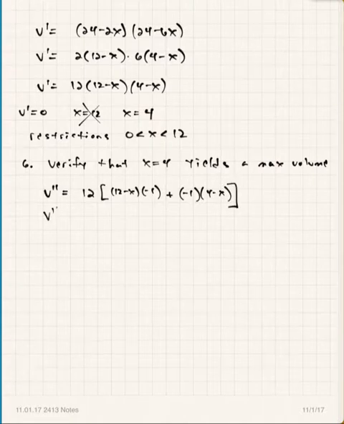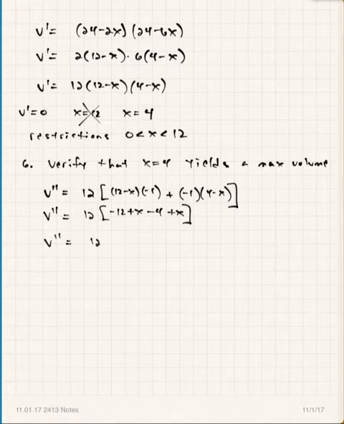And so our second derivative is going to be 12 times -12 plus x minus 4 plus x. All right, and so our second derivative is going to be 12 times -16 plus 2x. Or you could multiply this out if you wanted to, and the second derivative would be 24x minus 192.